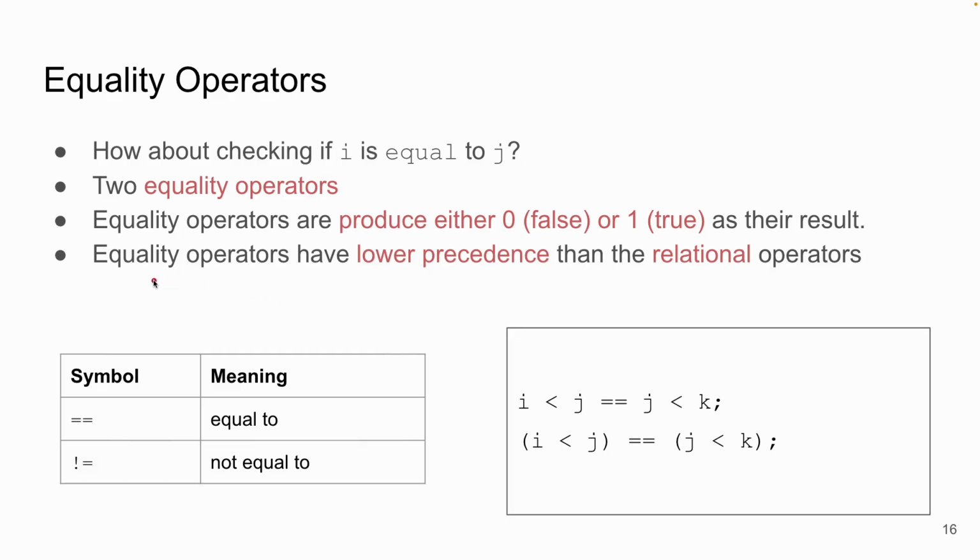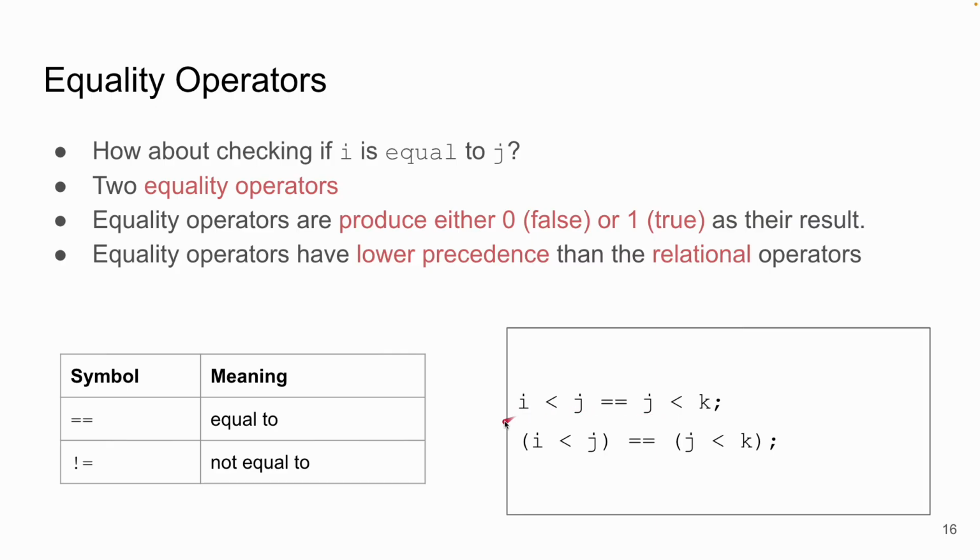All the equality operators have lower precedence than the relational operators. So if we write down a statement like this, we have an equality operator here in the middle, and we also have two relational operators in the two sub-expressions here.